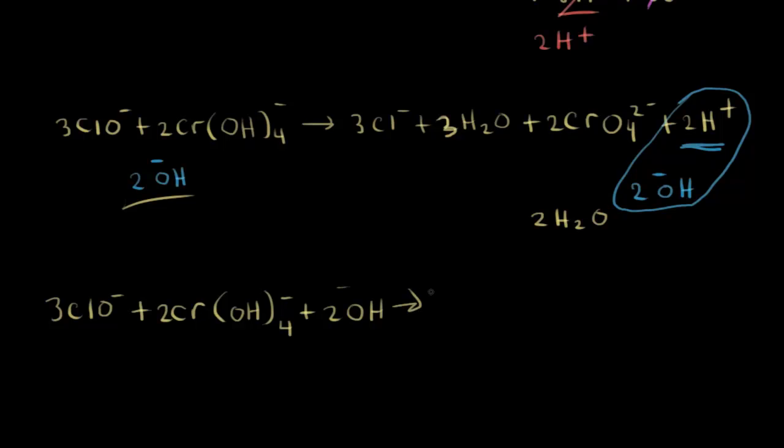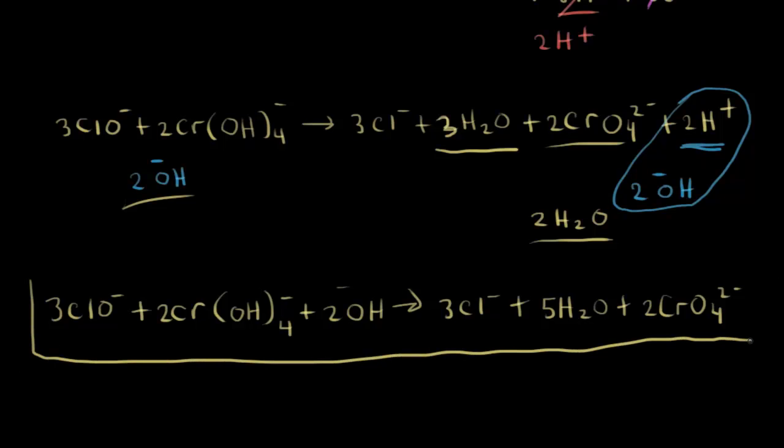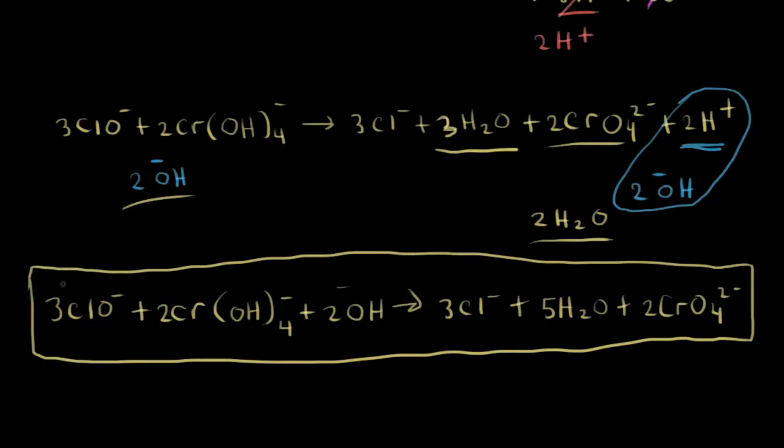And on the right side we have 3Cl minus plus, well, over here we have 3 waters, and we just made 2 more, so we really have a total of 5H2O, and then once again we have the 2 chromates over here, 2CrO4 2 minus. And that should take care of everything. So we can box our final answer. So we got there. It took us a long time, but we have our final answer.